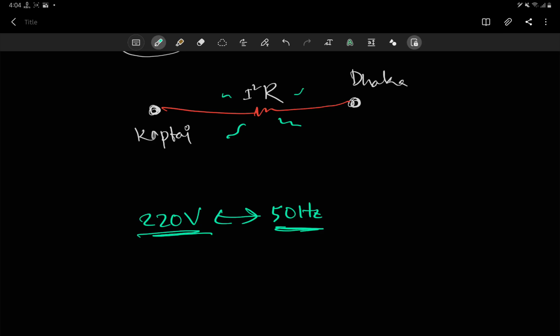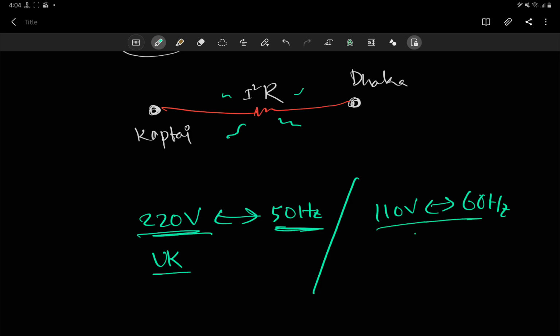And this is what the British system also uses, 220 volt, and almost most of the world except for the US uses 120 volt. So be careful, and that's also 60 hertz. So the systems don't actually match. Okay, so be careful when buying a phone or something from the US, because you have to ask for the UK version of the charger.